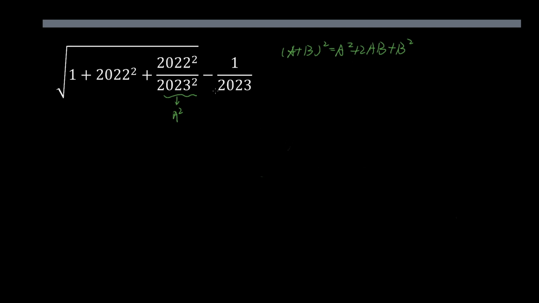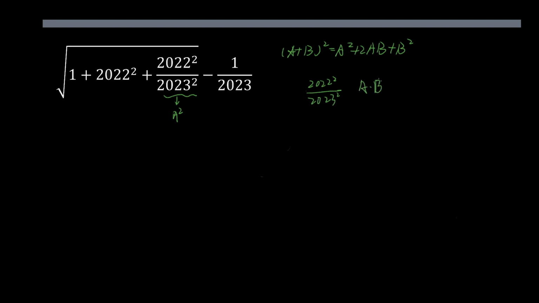Why not 2ab or ab? Because if so, this part is a times b.